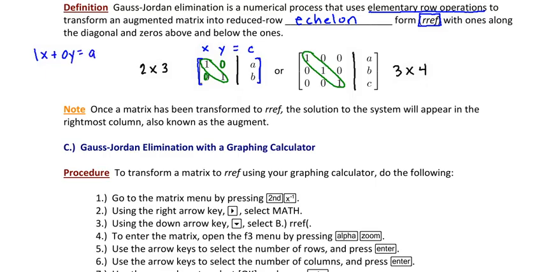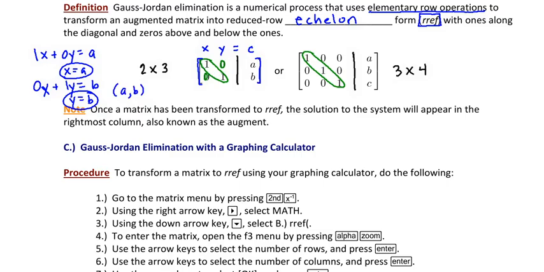And if I simplify that, that means x equals a, right? And equation 2 we could write as 0x plus 1y equals b, and we could simplify that into y equals b. So if I look at x equals a, y equals b, that's the ordered pair solution to the system.